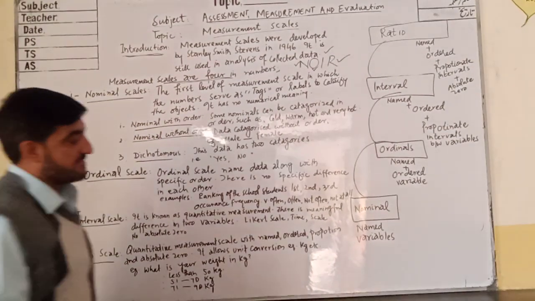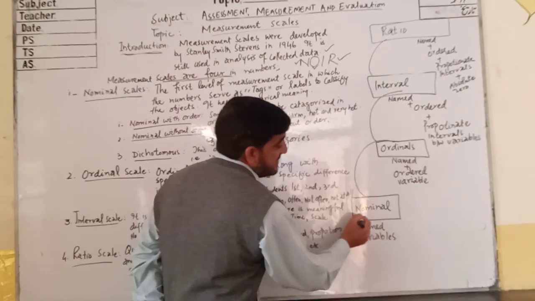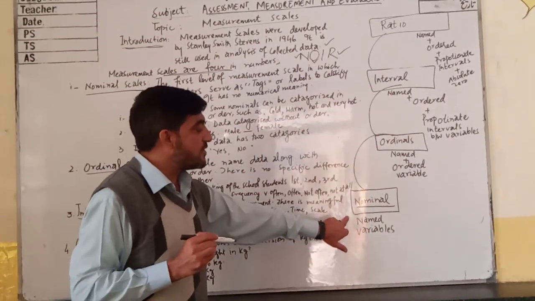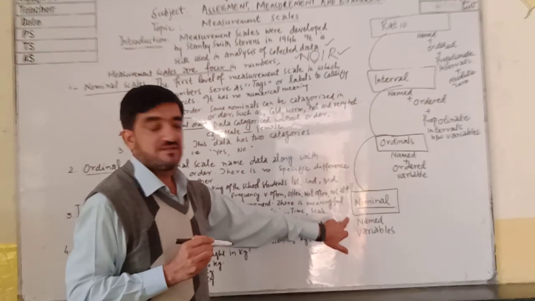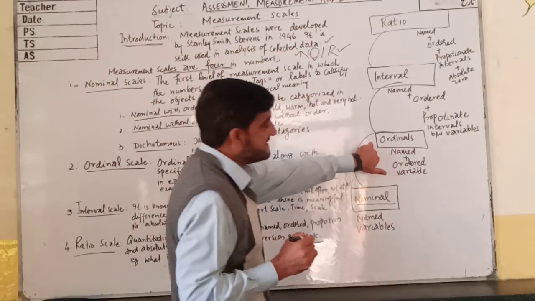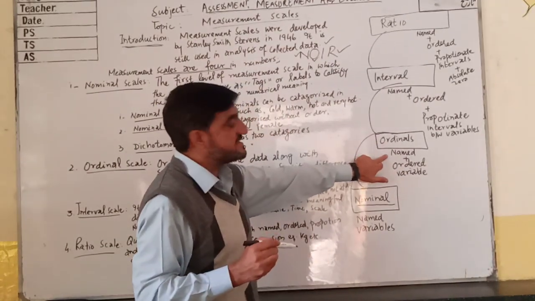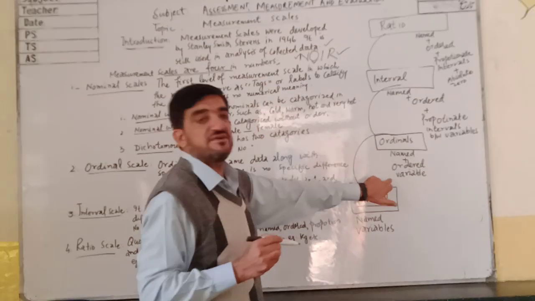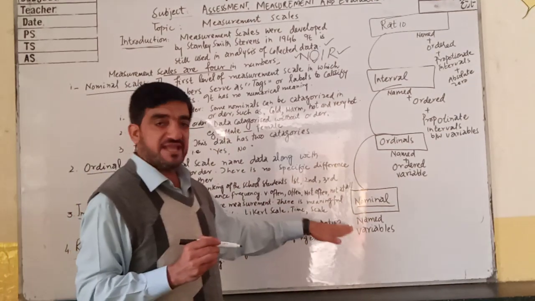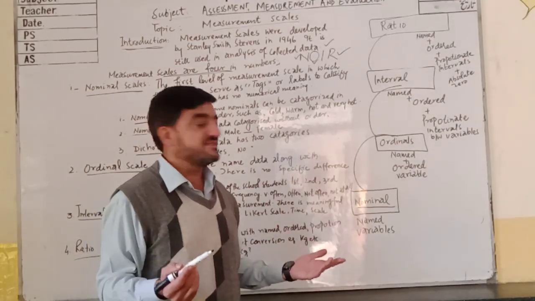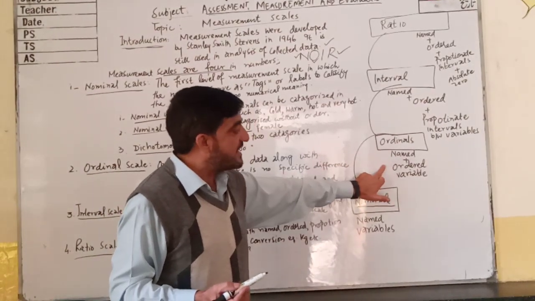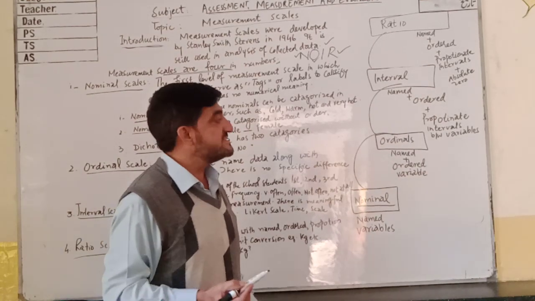But always remember that nominal is the scale in which there is only a naming process, or labeling. Then the ordinal scale consists of named plus ordered variables. In the nominal scale, the labels or names are there, but order is not there. But in the ordinal scale, names are there and ordered variables are also there.